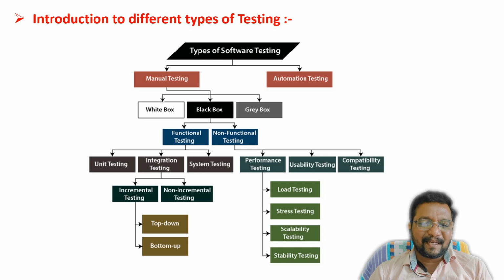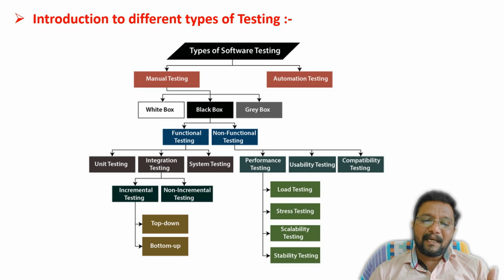That's it. Functional testing is again divided into three important categories: unit testing, integration testing, and system testing. Then the integration part is divided into two modules: incremental testing and non-incremental testing.